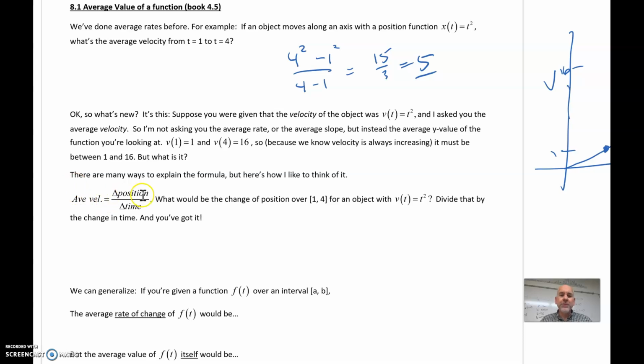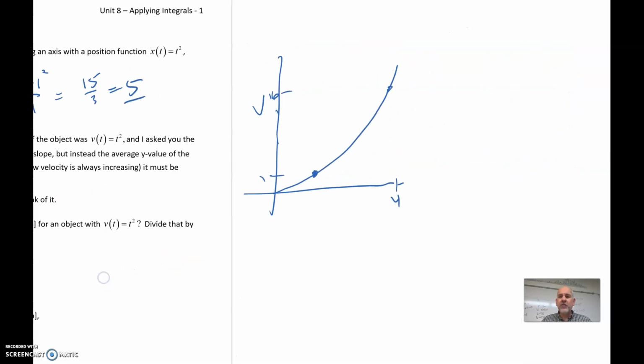Average velocity is change in position over change in time. Here's my velocity. What's my change in position? Going back to the distance, rate, acceleration stuff, we said the displacement is the area under the curve. That is my change in position. Rather than subtracting two positions, this area under the curve is the change in position for a velocity function.